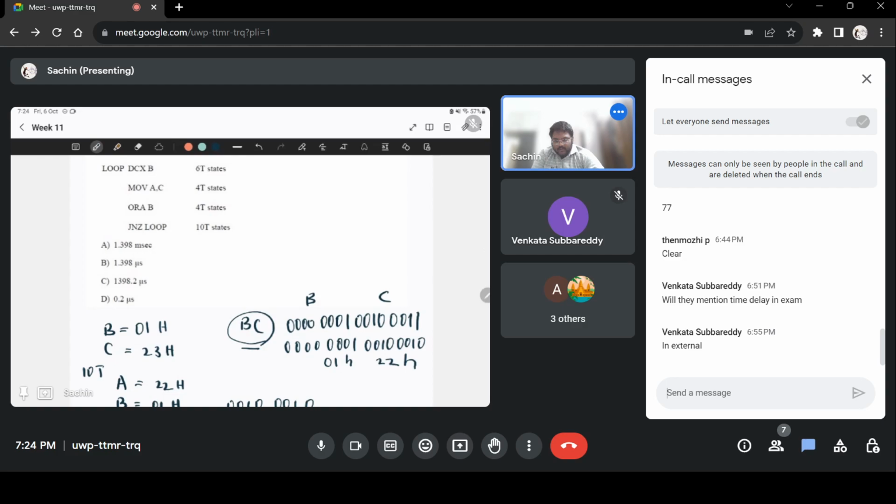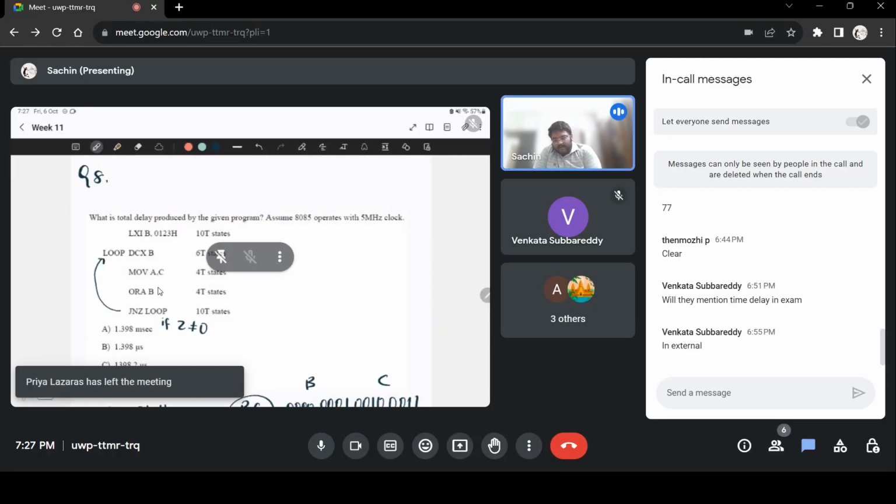So after you perform an operation, if the result is 0, then the zero flag will be set. So until that zero flag is set, this loop will go on.